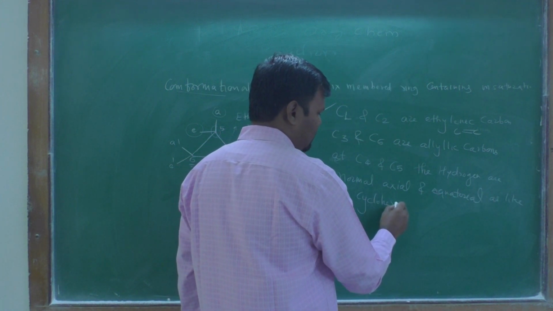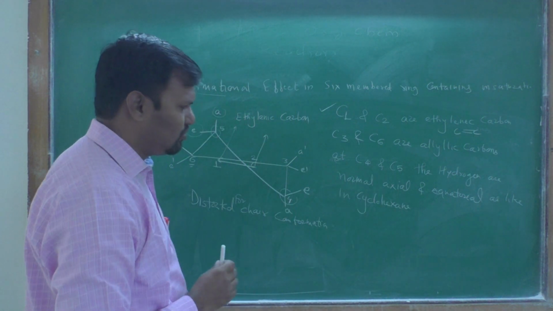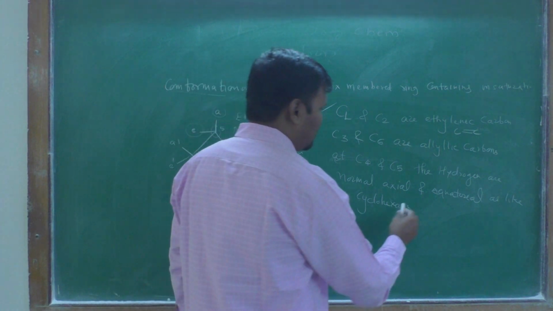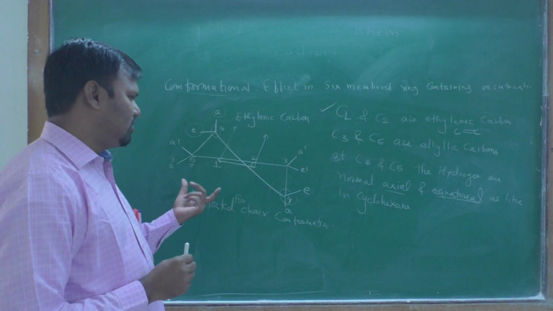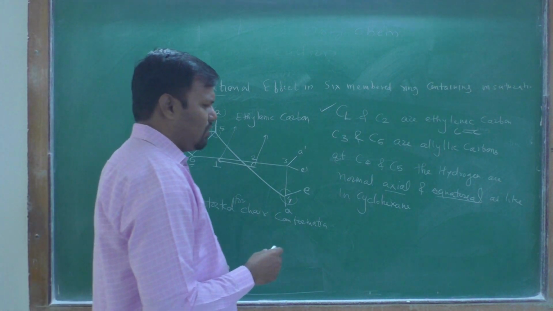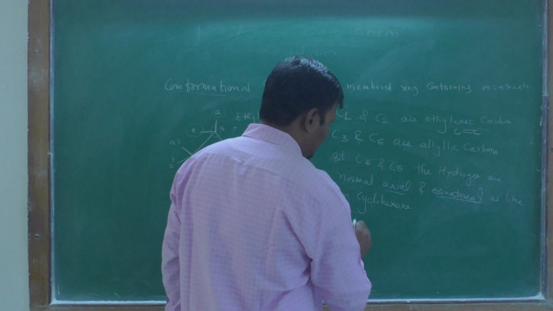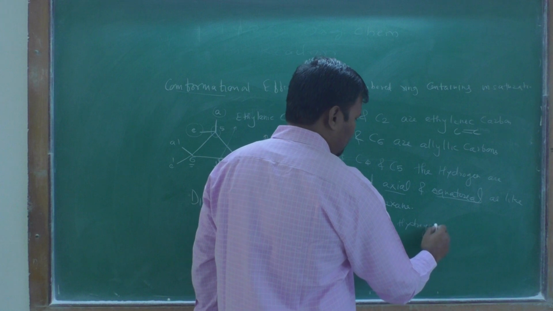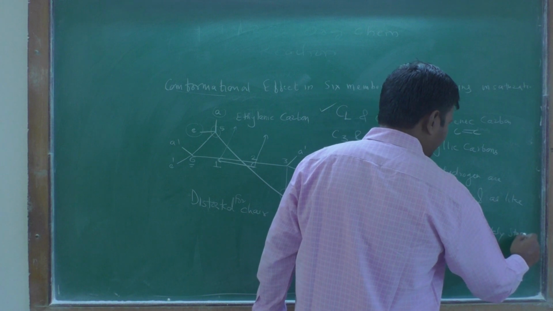As in cyclohexane, the equatorial and axial positions are maintained at carbon numbers 4 and 5. The hydrogens take perfectly axial and perfectly equatorial positions, and these are perfectly staggered to each other.